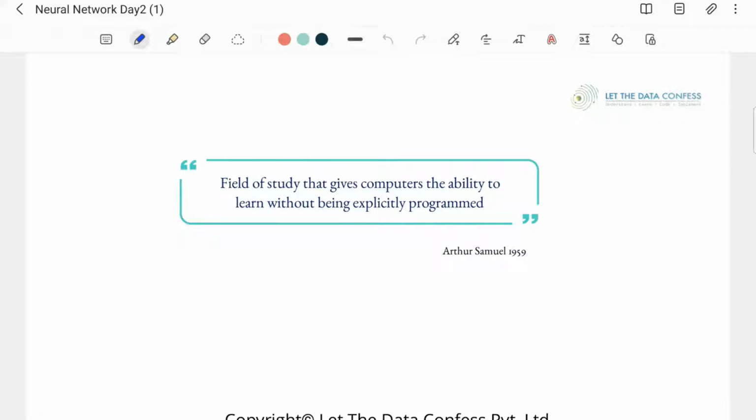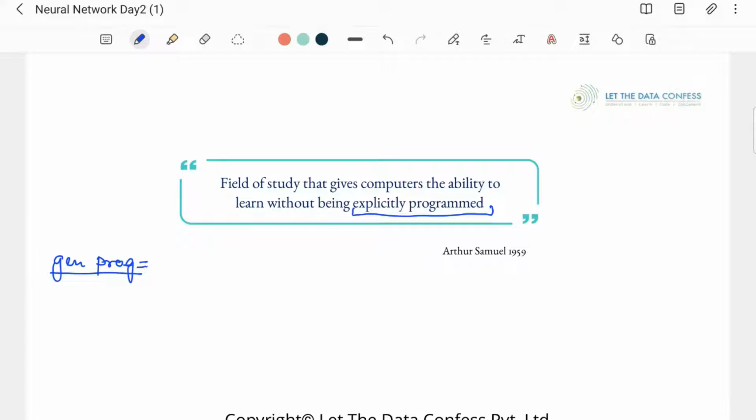As it is mentioned, it's a field of study that gives the computer the ability to learn without being explicitly programmed. When I say explicitly programmed, what does it mean? You have to first understand what is meant by general programming. We are writing some logic in a program, in whatever programming language we are using, and whenever we provide the variables or the data, it has to generate some output.